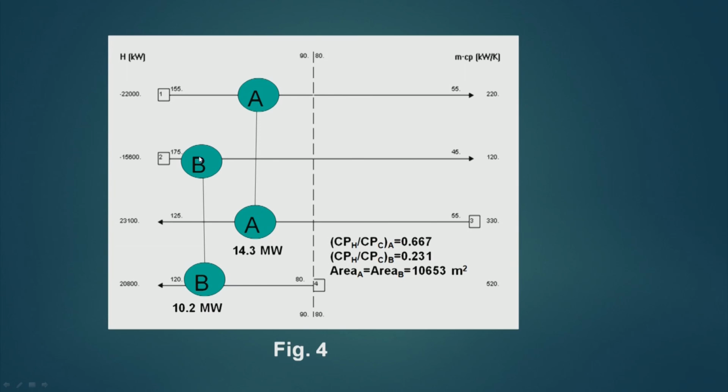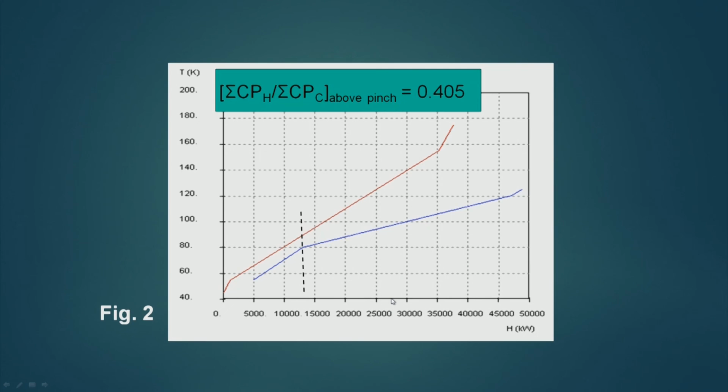Now, in this case I am keeping the same load for heat exchangers, but it is placed between different other streams. So, here Cph by Cpc for A is 0.667, here Cph by Cpc for B is 0.231, then area A plus area B is 10653. So, here the area is more, because these ratios are not close to the ratio which is for this part, 0.405.